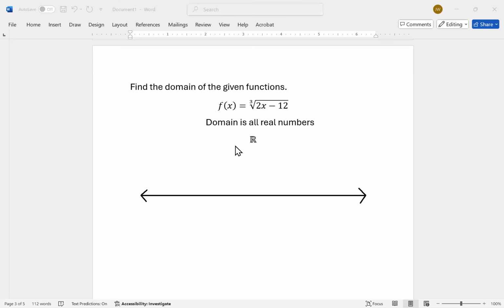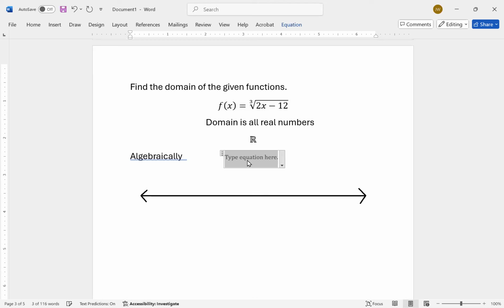All right, so let's take a look at this last one we did, where we had f of x is equal to the cube root of 2x minus 12. We said that the domain was all real numbers. If the domain is all real numbers, then we can algebraically write that in a few different ways, but usually the most popular is to say that x is somewhere between negative infinity and positive infinity.